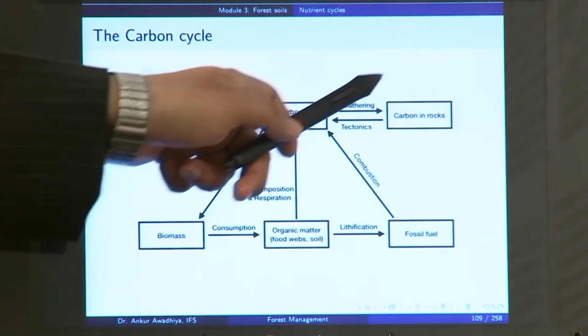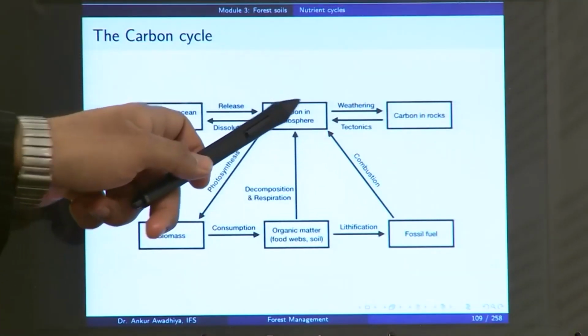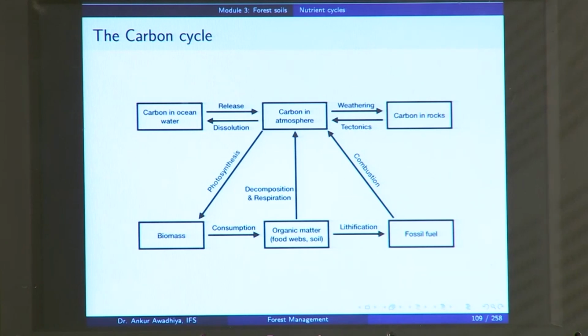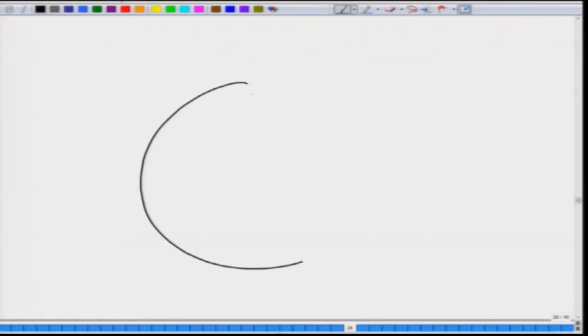Now, this carbon in the rocks can get released back through the process of tectonics. Tectonics is the movement of plates that are there in the lithosphere. So, typically if we look at the structure of earth, earth has got 3 different layers.